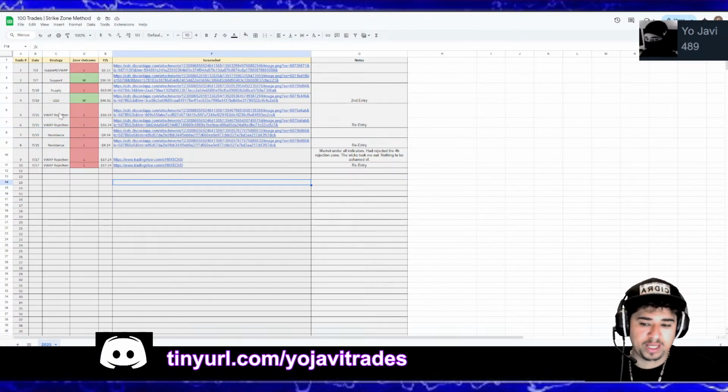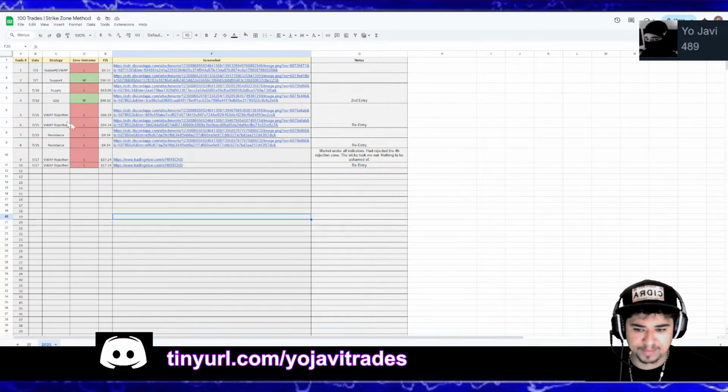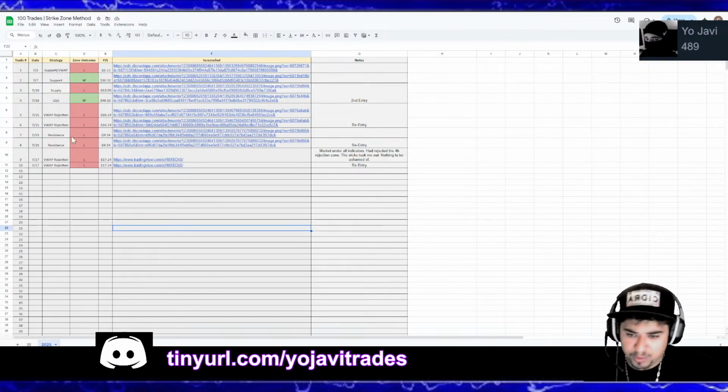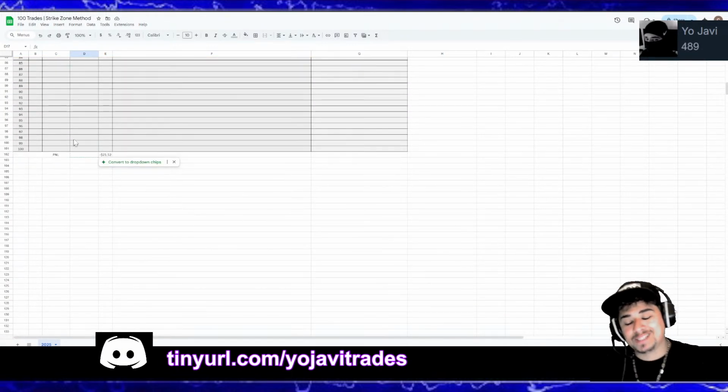For example, this right here would be a VWAP rejection that turned into resistance, so it turned into 2 setups, really. And I think the dates are wrong on this, because I don't take 4 entries. I didn't change the date on that, I think. But anyway, the point being that you still got to track over at least 100 trades.